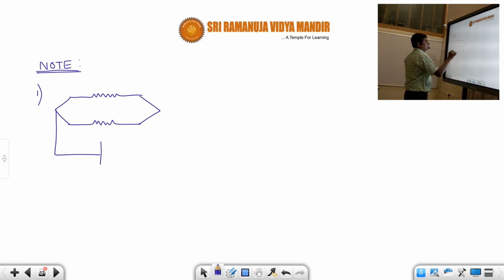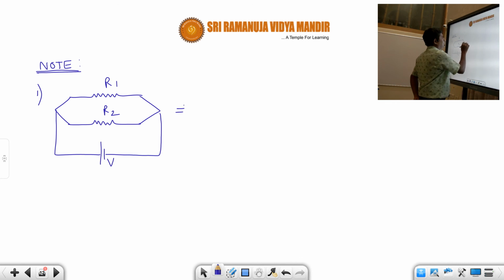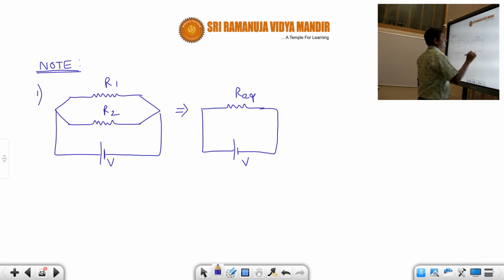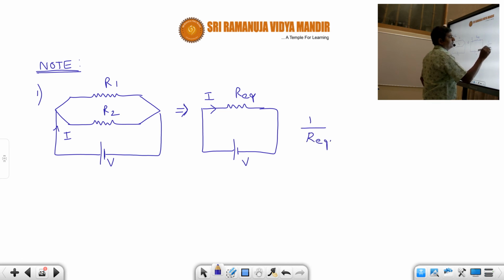So when two resistors are in parallel, there is one shortcut formula, students, which you should learn by heart. When these two resistors are replaced by one single resistor R equivalent, the same current should flow. That is the condition. So what is the formula? Just now we derived 1 by R equivalent is equal to 1 by R1 plus 1 by R2.